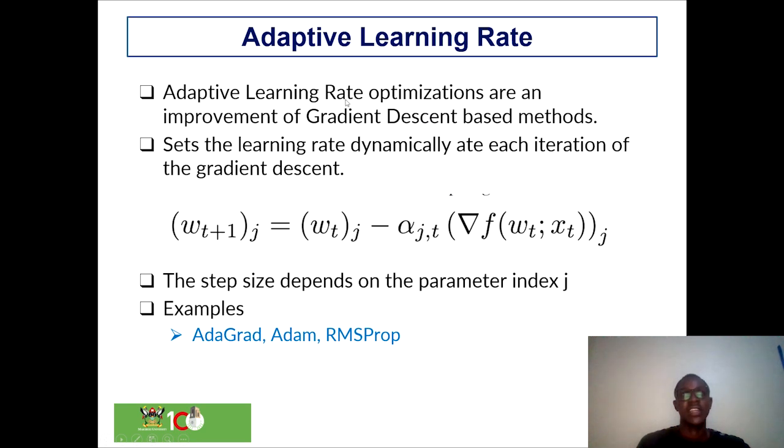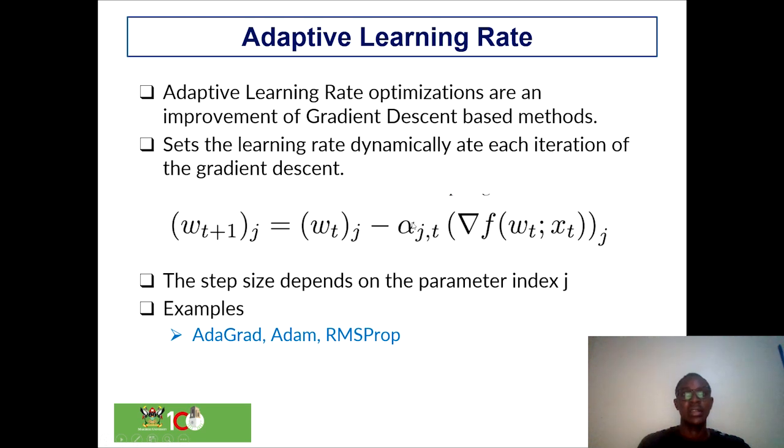So this adaptive learning rate optimization method was introduced to improve on these ones, and the basic idea is that your learning rate parameter keeps on changing dynamically. So you have a dynamic learning rate depending on how well the learning of your model is progressing.